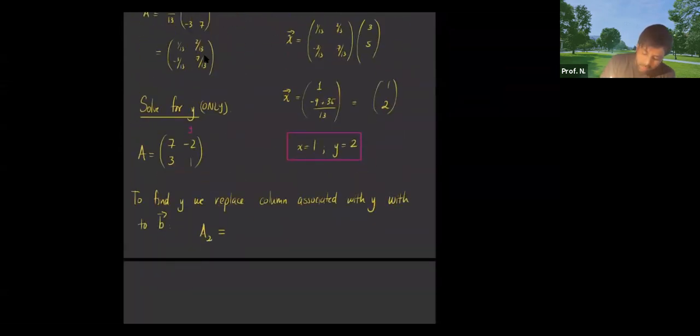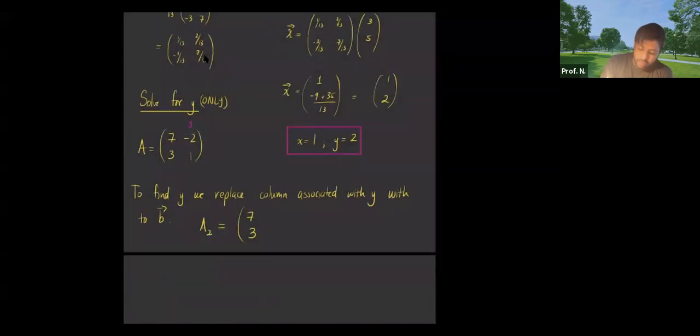So A2 is not 7, 3, -2, 1 anymore. It's 7, 3, and then this new column vector is 3, 5. This is the B column vector.